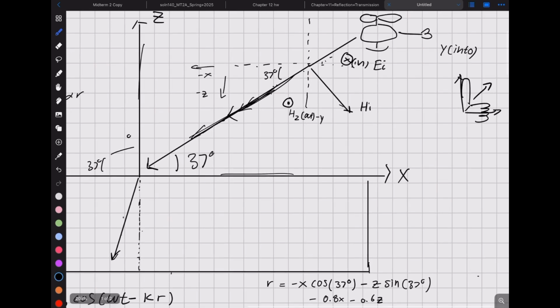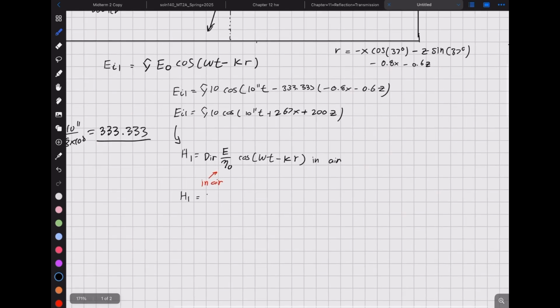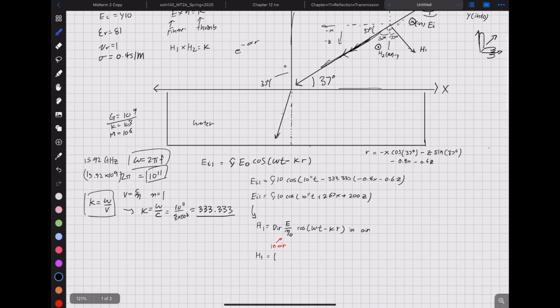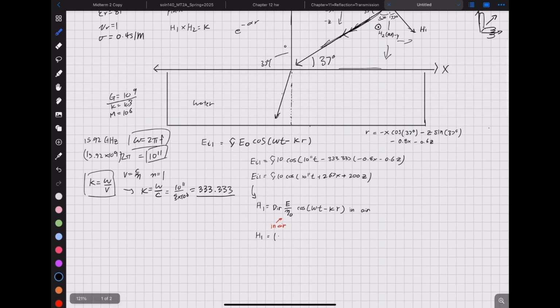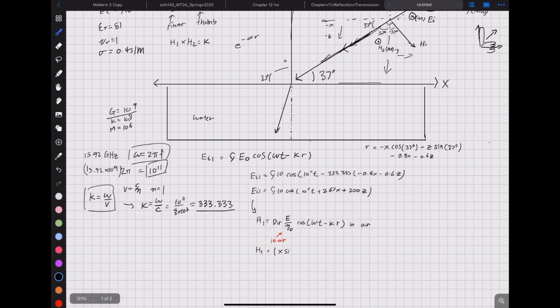Alright, now we need to start finding these angles. This is 53. This is 90 again, since it's perpendicular. This is going to be 37 degrees again. So different numbers. We're going to have a positive x component but a negative z. The positive x is the opposite, so it's positive x sine 37 degrees minus z.